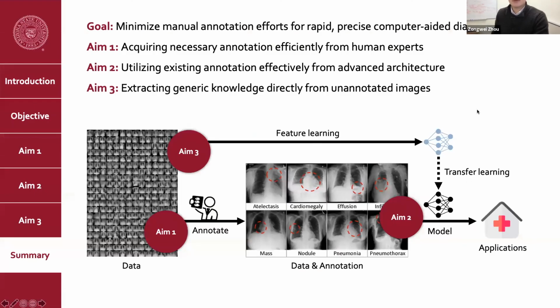To summarize, the main point of my research goal is to reduce the annotation cost. Each aim specifically focuses on a component in the workflow: selecting the important samples for annotation, developing a strong model with annotation, and extracting generic knowledge directly from the unlabeled images.